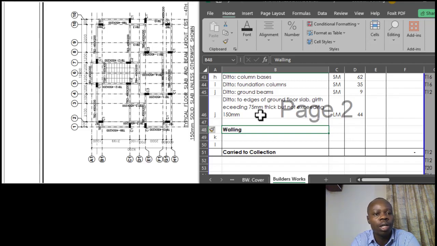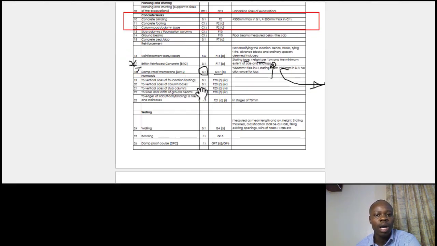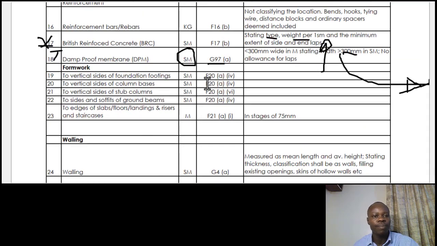Normally when you are doing walling, concerning what we've been doing in relation to the rules of the substructure items, we have covered the rules of how to do the same. Walling is supposed to be measured in square meters.